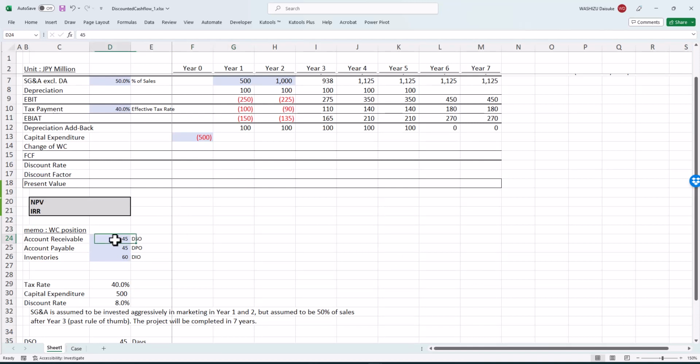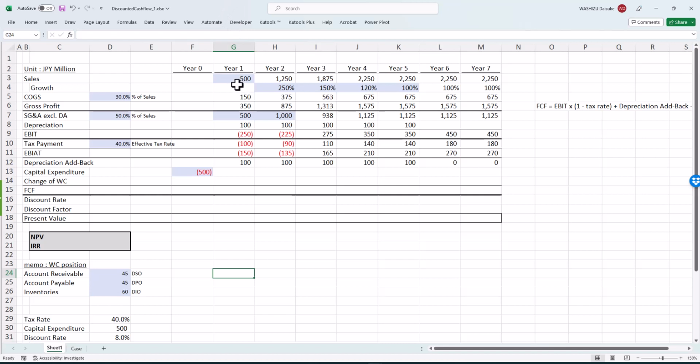Okay, so we have an assumption of 45 days for the account receivable. That is the position at the end of year 1. We have some sales assumptions here, 500. So just divide by 365, we can get a daily sales amount.